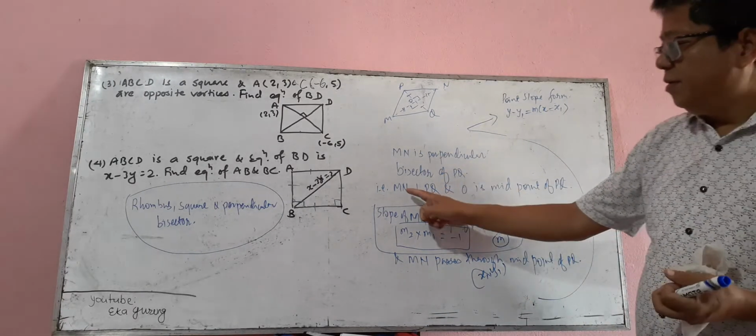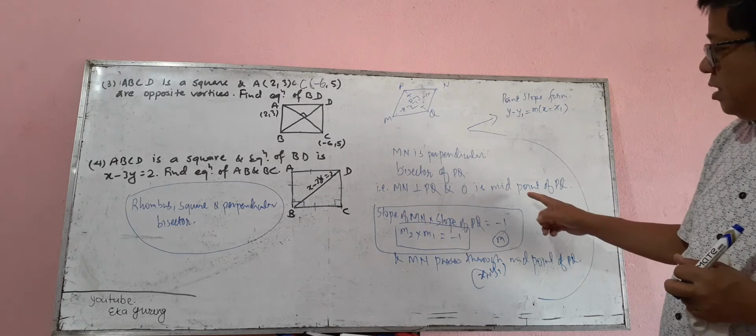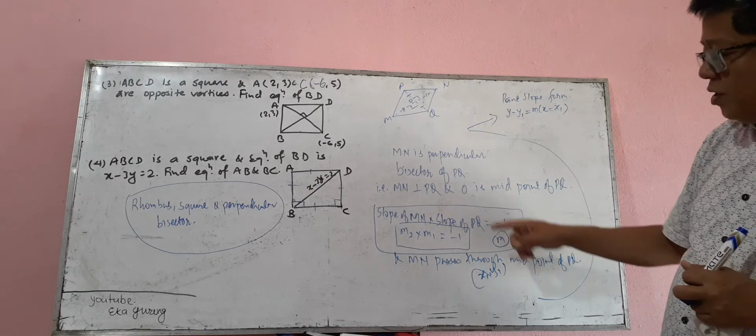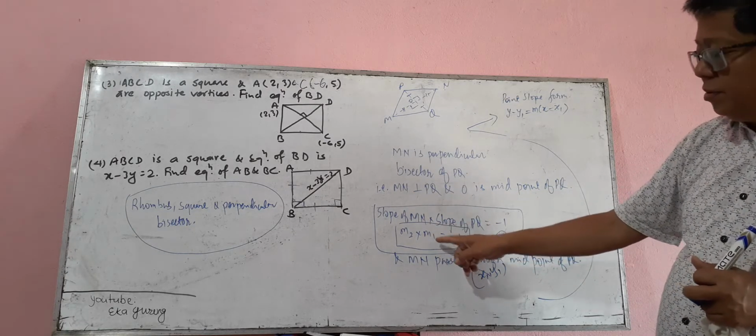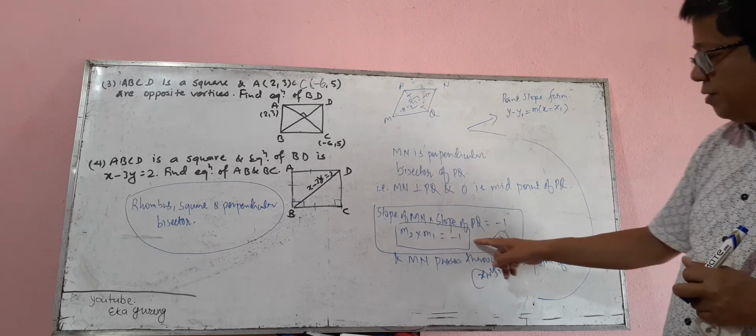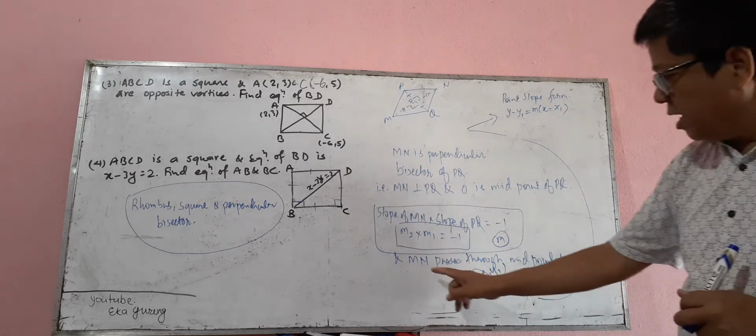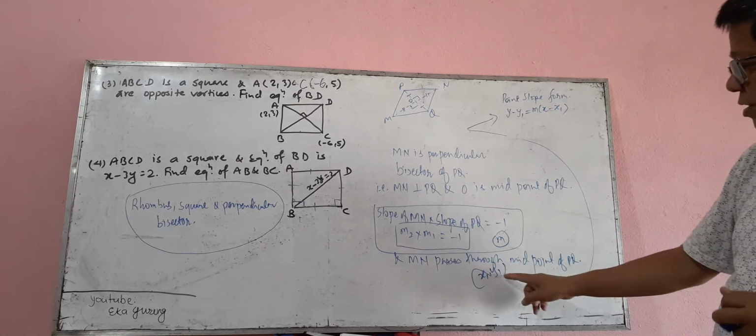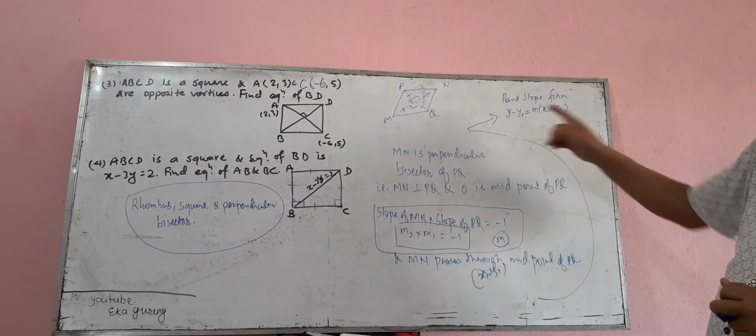They are perpendicular, we find the midpoint and the slope using the condition of perpendicularity, and use the point slope form.